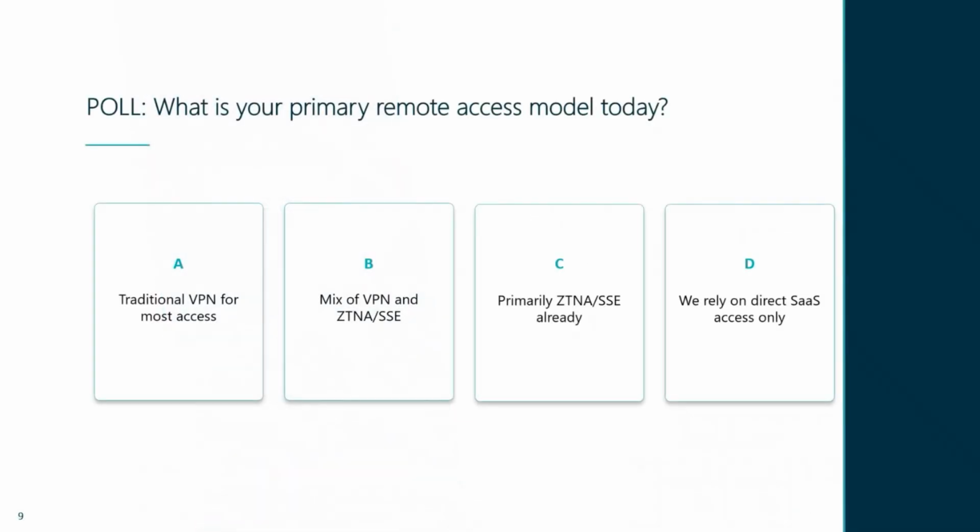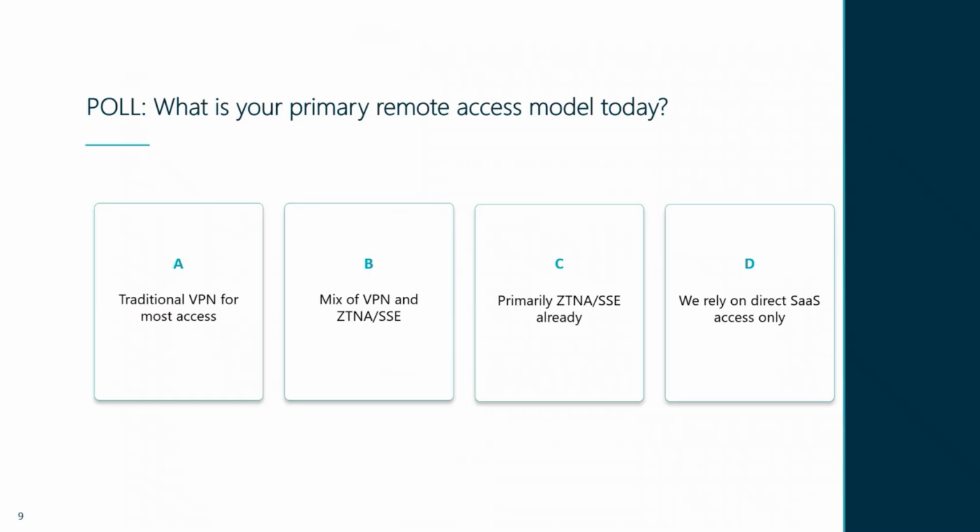So first of all, I wanted to start this webinar with a poll, asking you what is currently your primary remote access model. Are you using a traditional VPN like FortiGate or FortiVPN or other vendors? Are you using a mix of a VPN solution and an SSE/ZTNA solution?